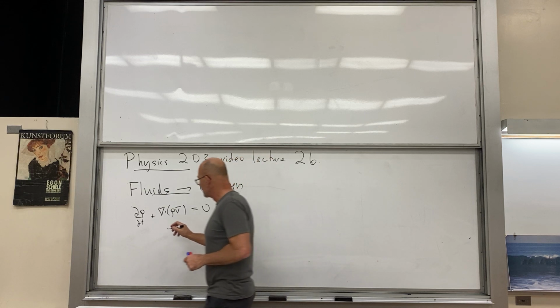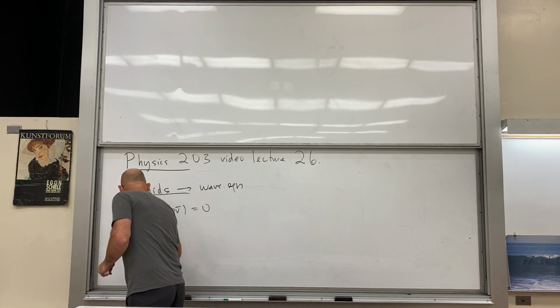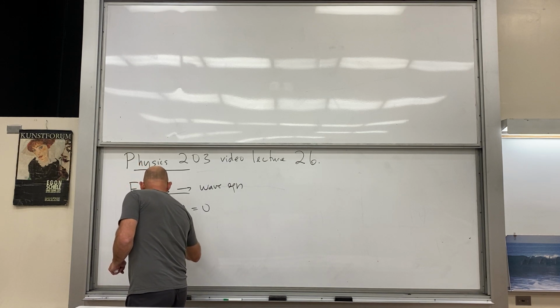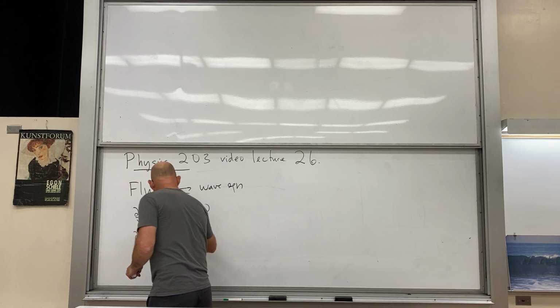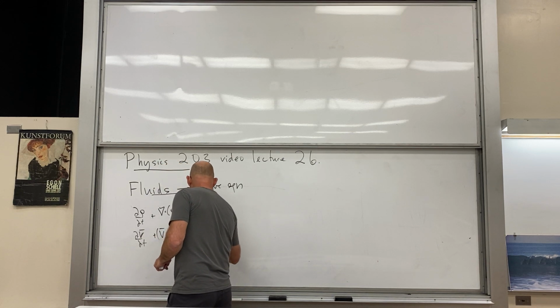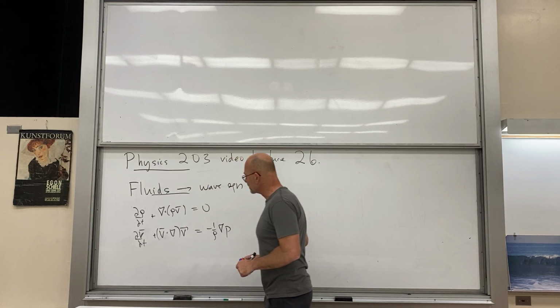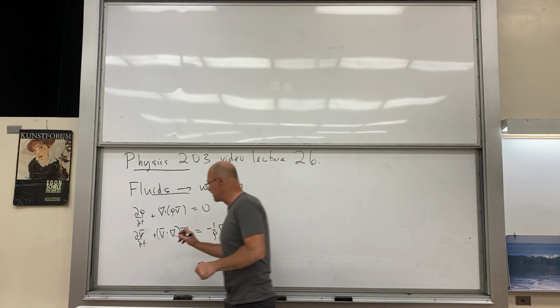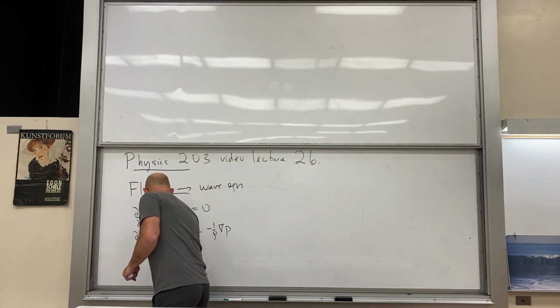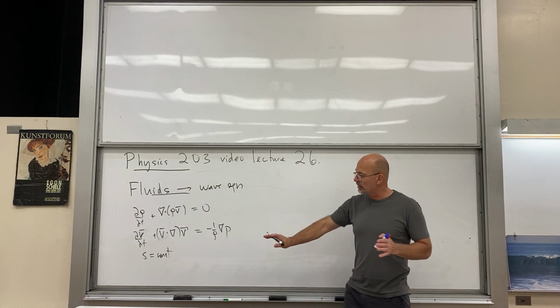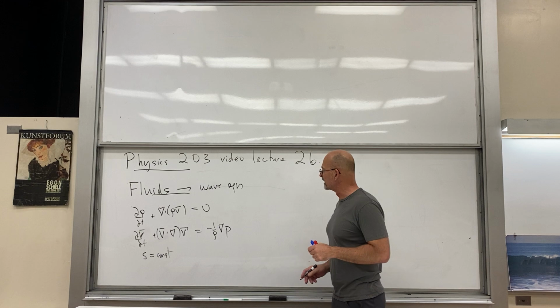Then we had Euler's equation, dv/dt plus v dot grad applied to v, equals minus 1 over rho gradient of the pressure. And then we actually just used that the entropy is equal to constant. We didn't use that differential equation that goes with that, we just used the constant of the entropy.